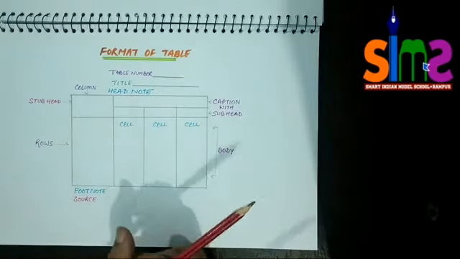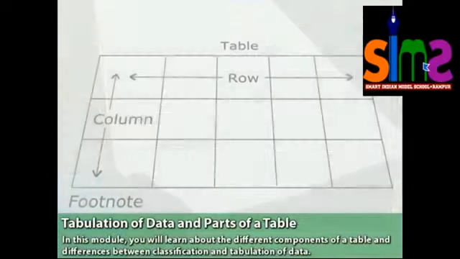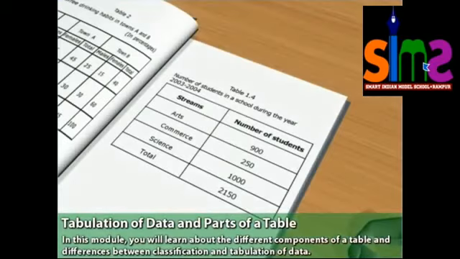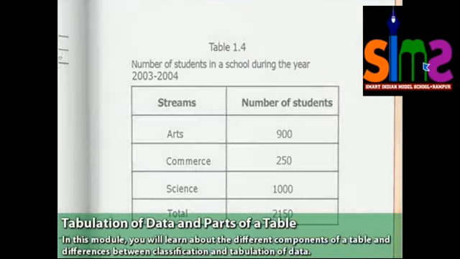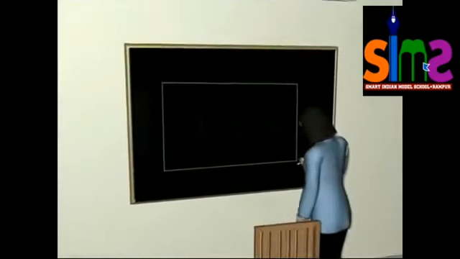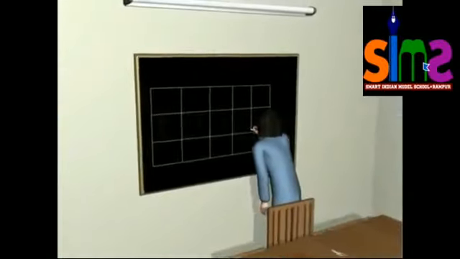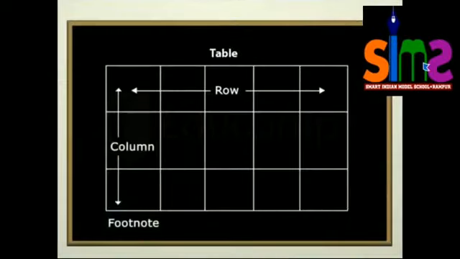Let's have a look. Tabulation of data and parts of a table. In this module, you will learn about the different components of a table and differences between classification and tabulation of data. One of the simplest ways of presenting data is in the form of tables, where data is presented in rows and columns along with some explanatory notes.